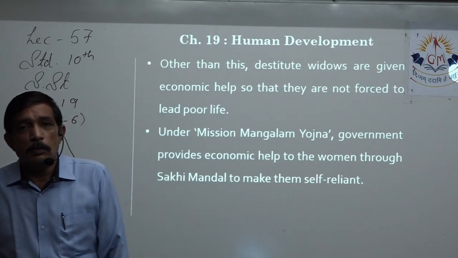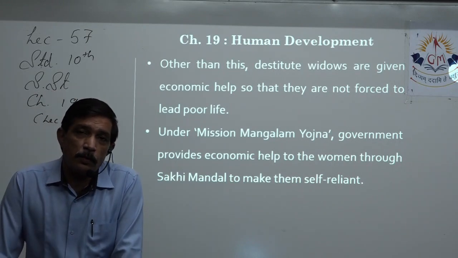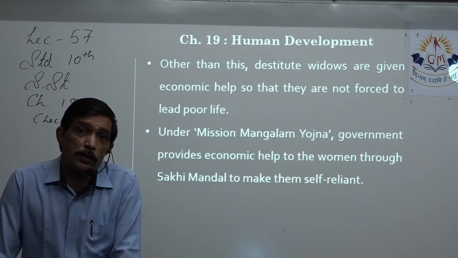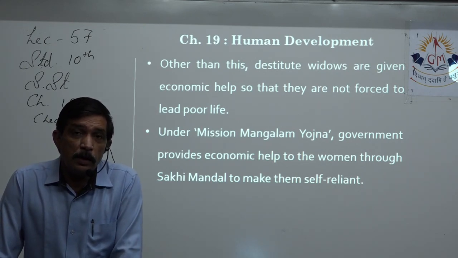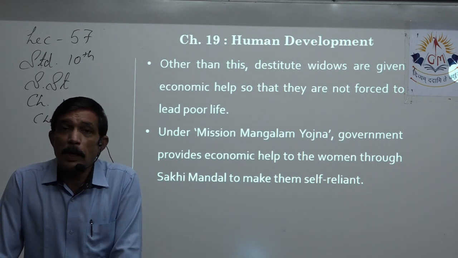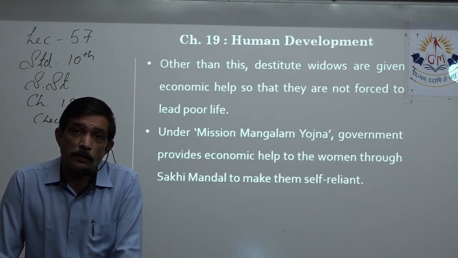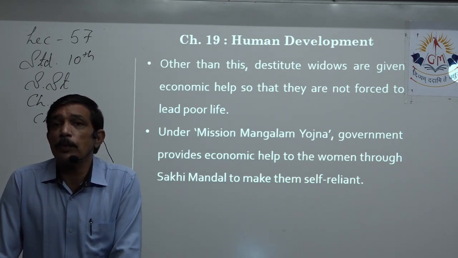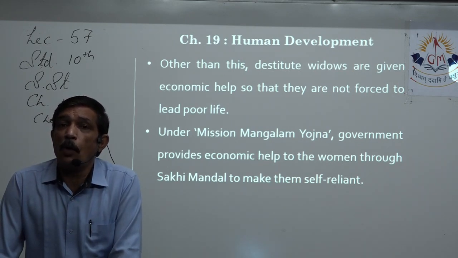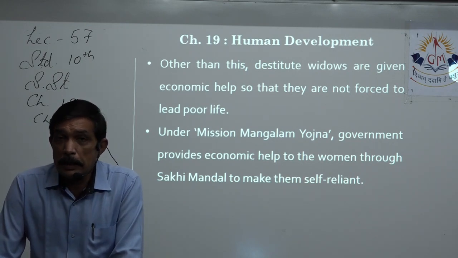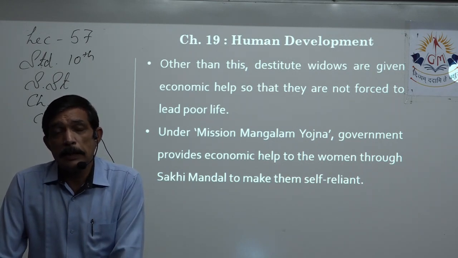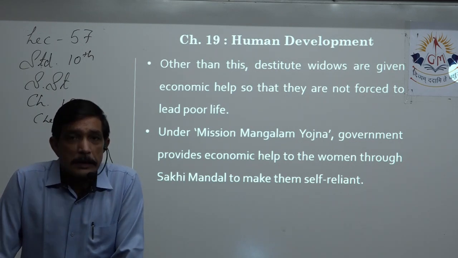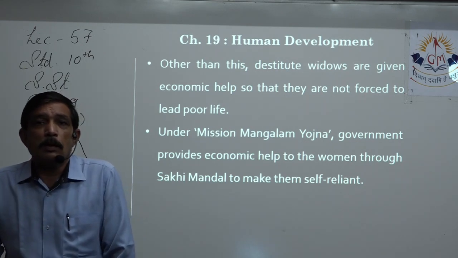Now 50 by 50, so per month they will be saving 2,500 rupees. So within 10 months that sum can go up to 25,000, right? Now they can approach the bank because they have collateral. Against that 25,000 they can get quite a big loan.